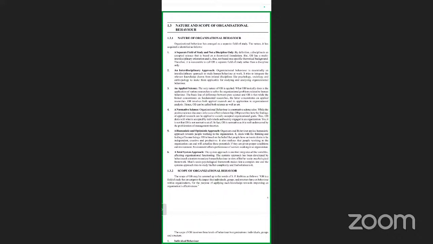So organizational behavior not only deals with the individuals and societies in an organization, it is normative, wherein it understands the various management theories also.